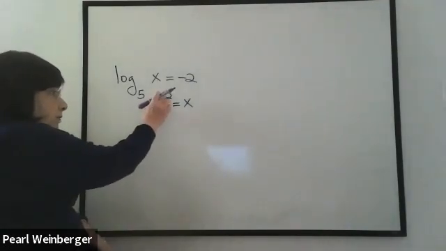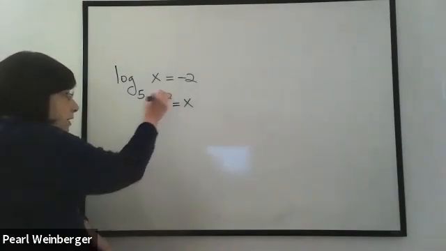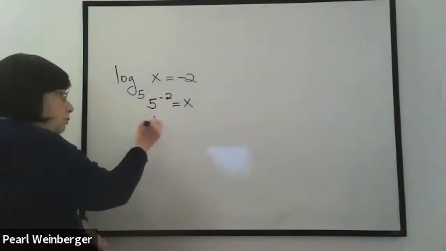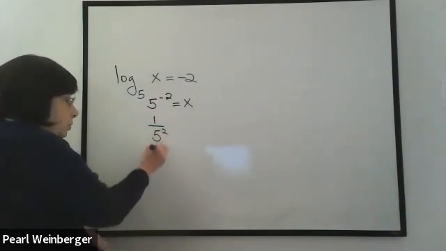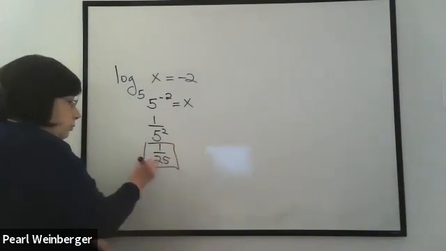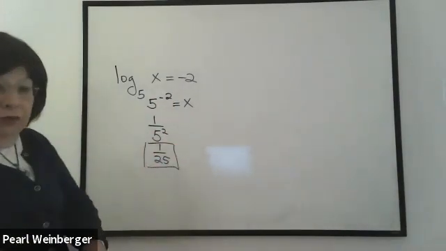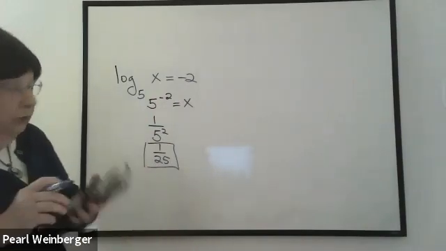Remembering that a negative exponent means that you have to take the reciprocal, this really means 1/5 to the +2, which is really 1/25. In fractional form, your answer would come out to be 1/25.